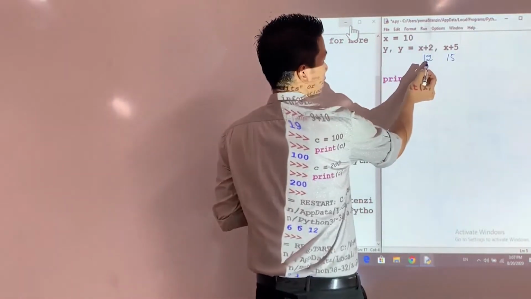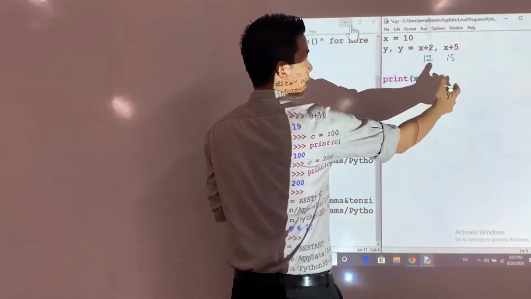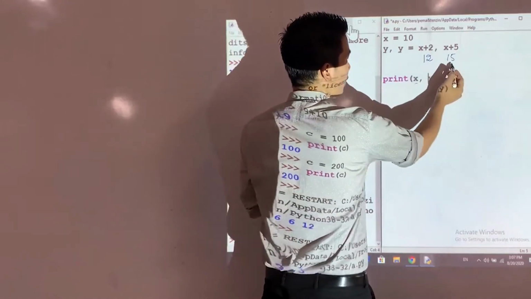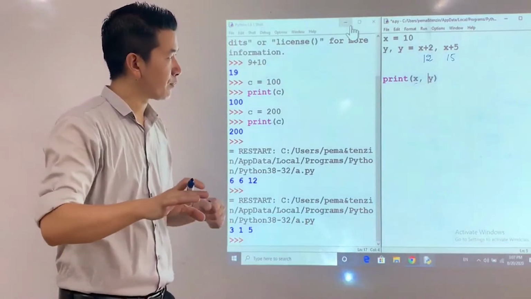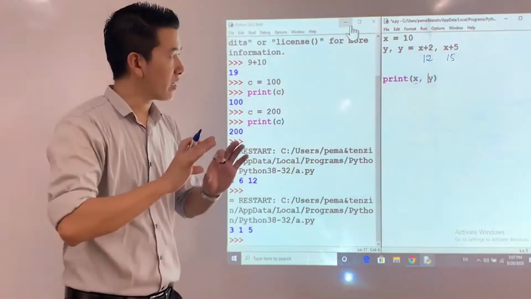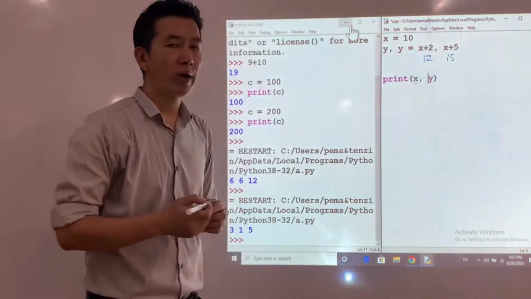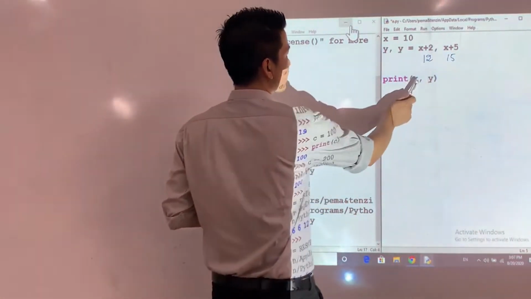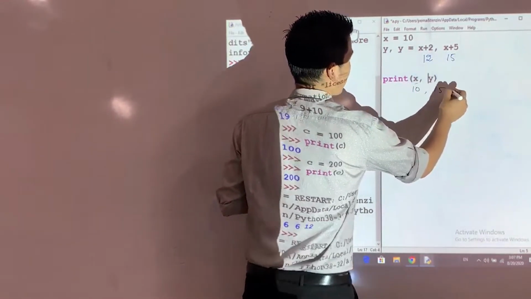So the first value of y is 12, and then with the execution of step number 3, 15 will become the new value of y, which means y as 12 will not exist any further. So when you print the value of x and y, the value of x is how much? 10, and the value of y will be 15.